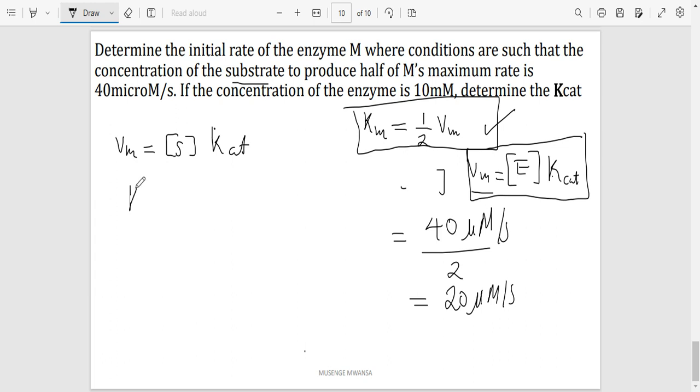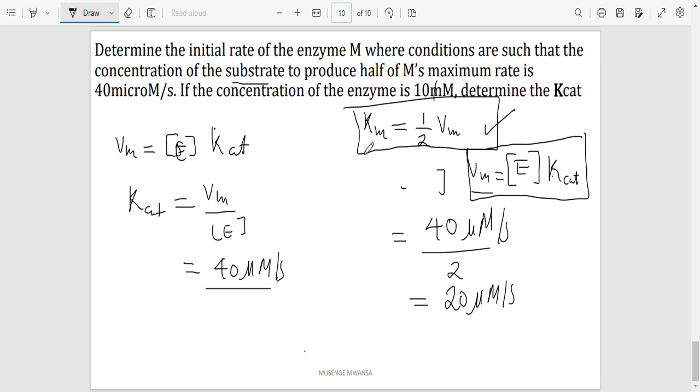So Kcat, which is also K2, is going to be equal to Vmax divided by the concentration of the enzyme. Vmax is 40 micromolar per second, and the concentration of the enzyme, we've been told, is 10 millimolar.